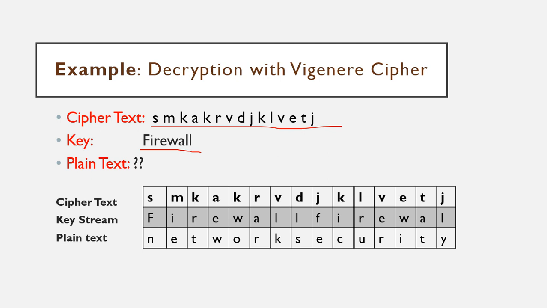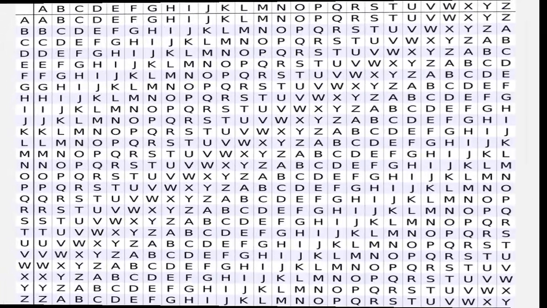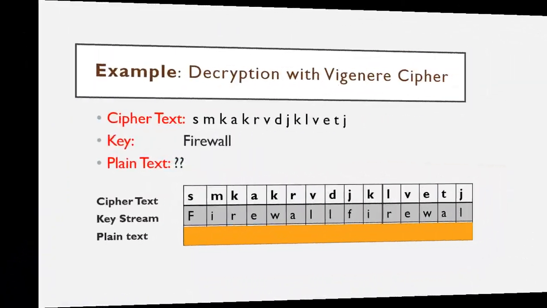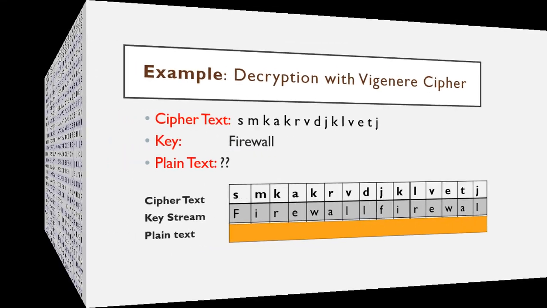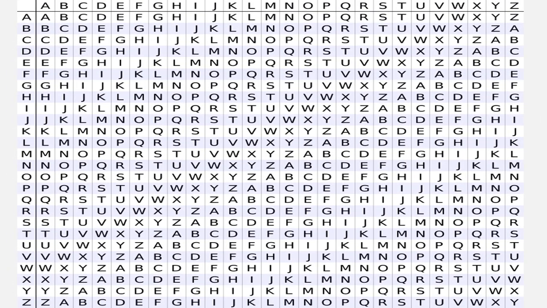So again we'll refer to the same table, and here we start with the key stream character. So let's find where is the f in the key stream, and then we look for the s. What is the character? F and s. Yes. So find out where is the f in key stream. We have f.